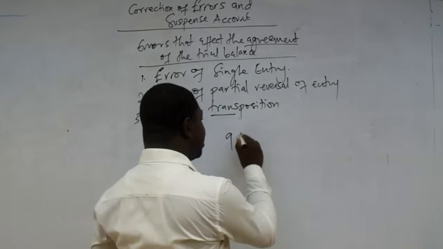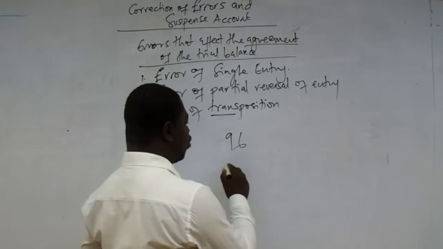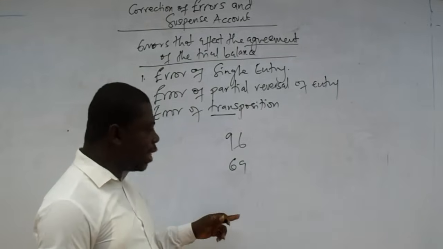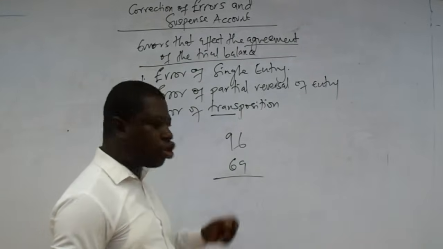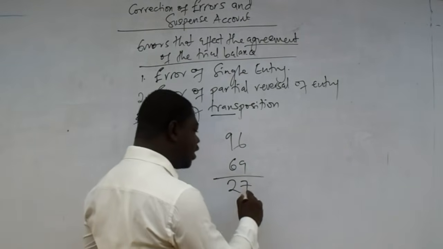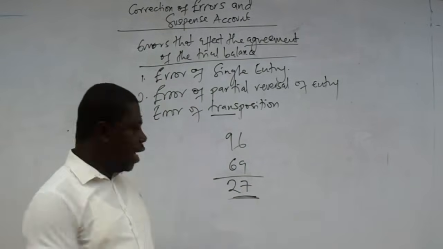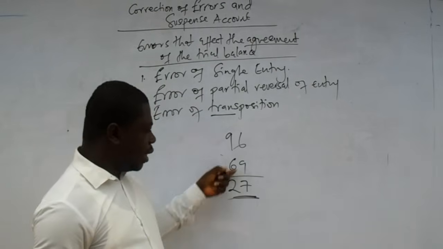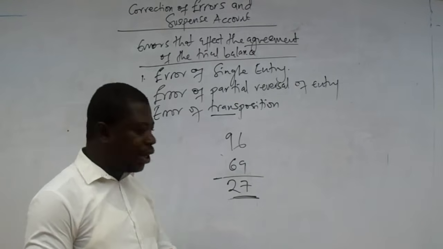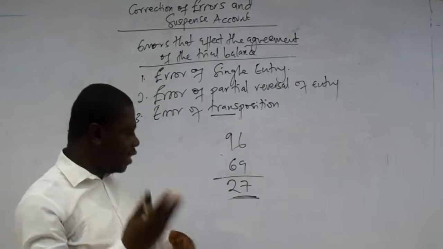So if you say 96 and then you write 69 instead of 96, these are not the same. It means that there has been a shortage. Instead of 96 you wrote 69. So there is a shortage of 27 cedis if you take the difference. And this 27 cedis will be the difference on the trial balance. It will not make the trial balance agree because the other entry is done correctly.